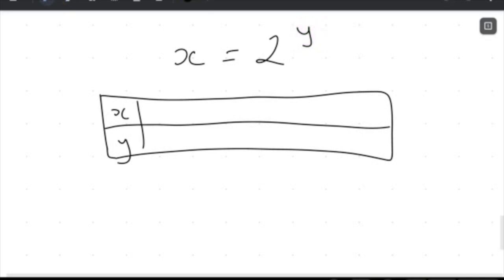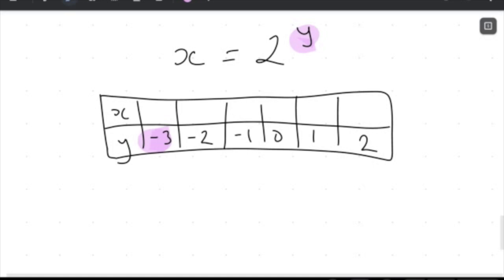Let's say on the y's, let's go -3, -2, -1, 0, 1, and 2. So let's pop this in. I'm going to substitute each of these y values into the equation up here.